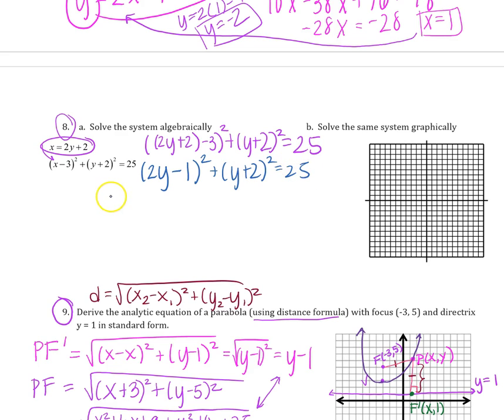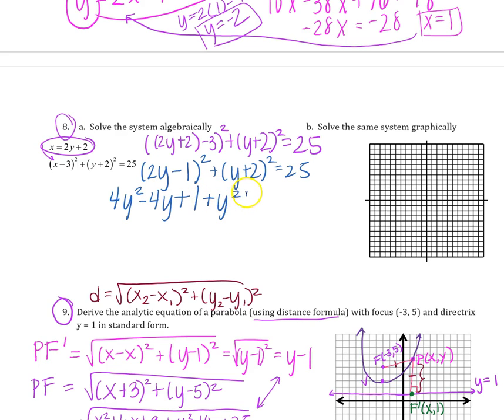And I'm going to FOIL. Oops, this is 4y squared. So when you FOIL, that's what you would get.